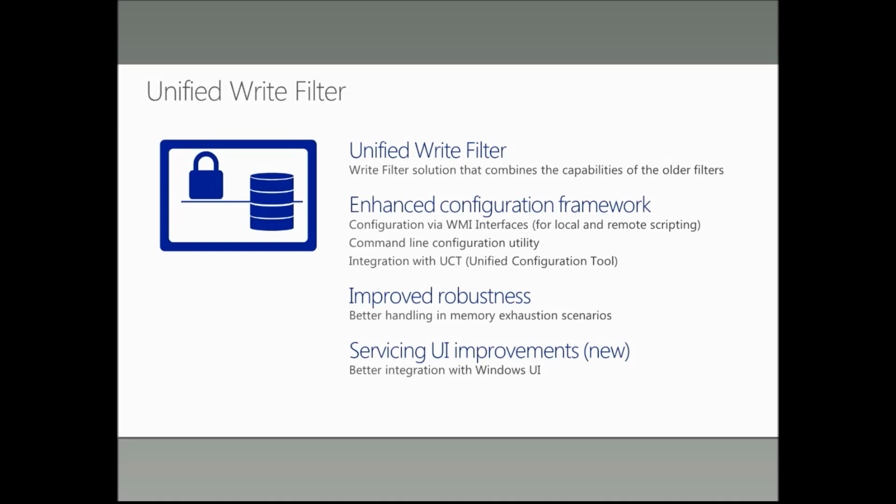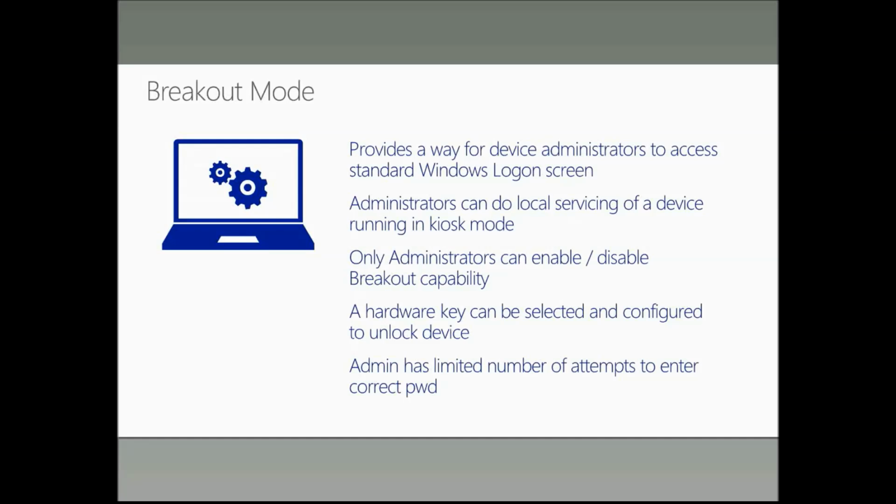So now you have a device that runs a modern app with keyboard and gestures filtered, and that boots always in the same state with your key system files protected. There's a potential issue you may run into then. What if you want an administrator to come and access that device and access the desktop?